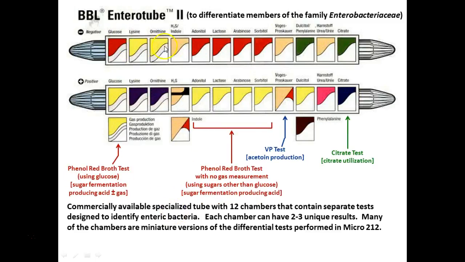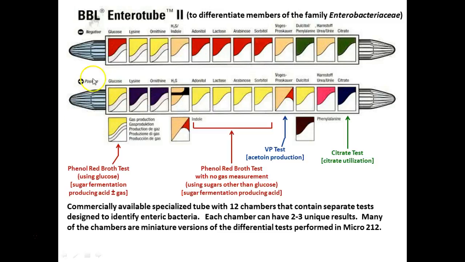These first 3 chambers have a layer of wax over the media. This is to create an anaerobic environment. For glucose fermentation, we know if gas is produced because it'll push the wax up. We were able to detect gas production with the phenol red test because what was in our tubes? Another tube, a little Durham tube upside down that traps the gas.